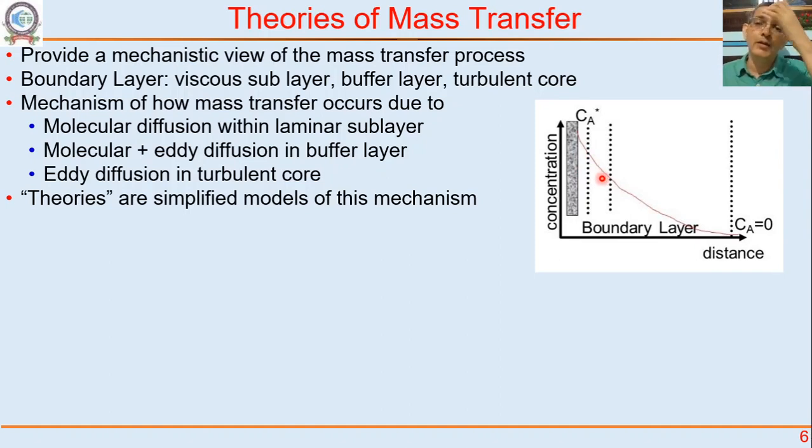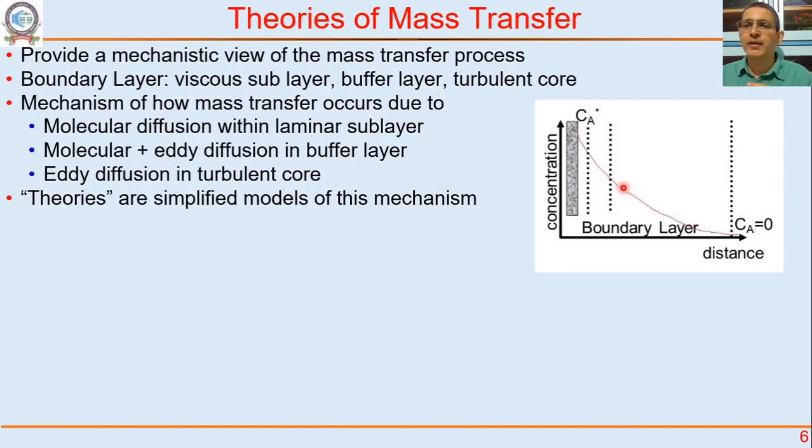In the turbulent core, the contribution of viscosity or molecular diffusion is now very small. All the mass transfer occurs because of the eddy motion. And in the buffer layer, it is some combination.